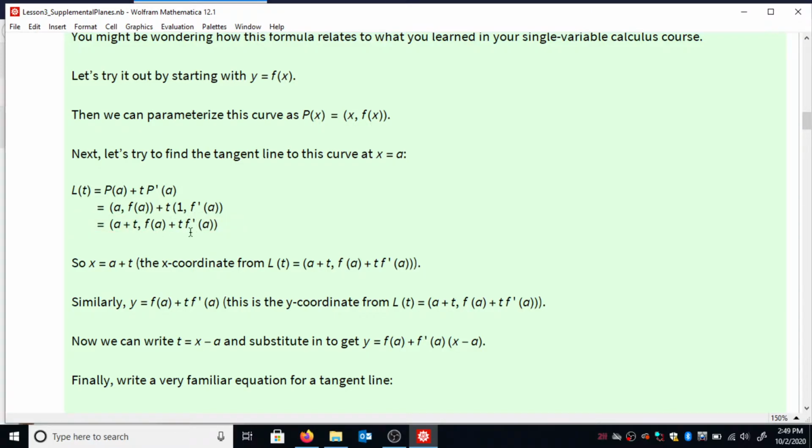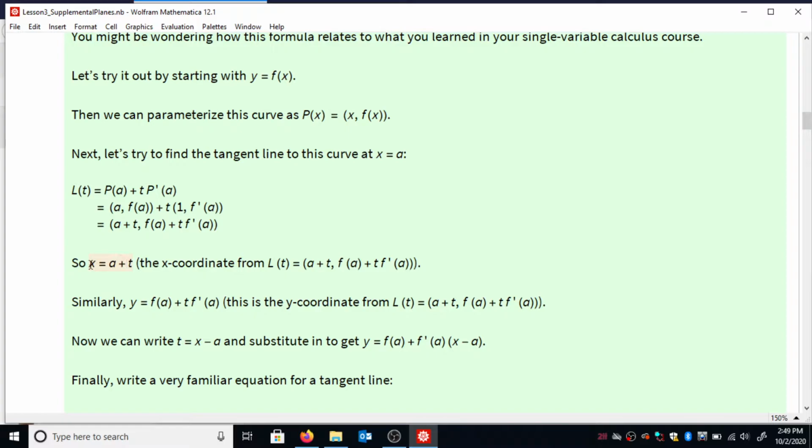Okay, so it's starting to look a little familiar here. Now remember, this ordered pair is an x-coordinate, comma, a y-coordinate. So I'm going to take out this x-coordinate and say it equals x. So x equals a plus t. It's just the x-coordinate from our ordered pair. We can do the same thing for the y-coordinate. So y equals f of a plus t times f prime at a.